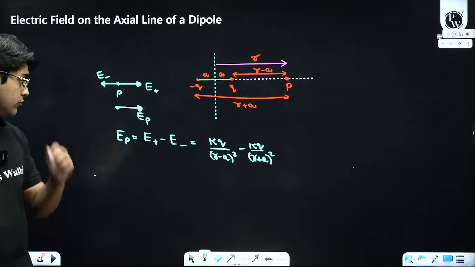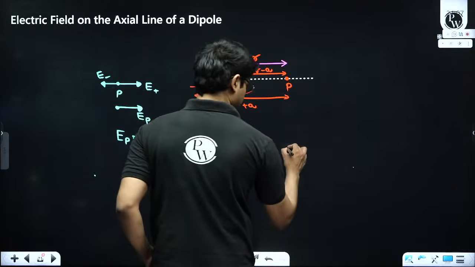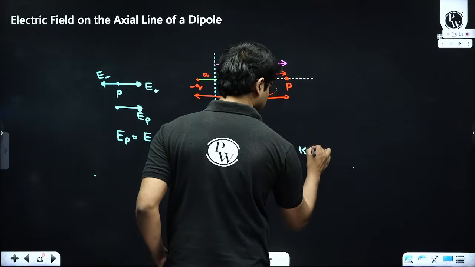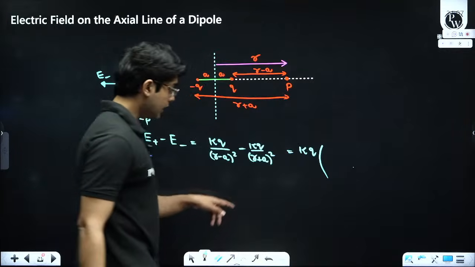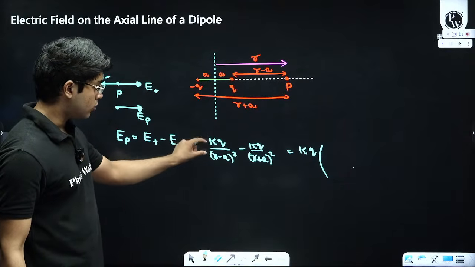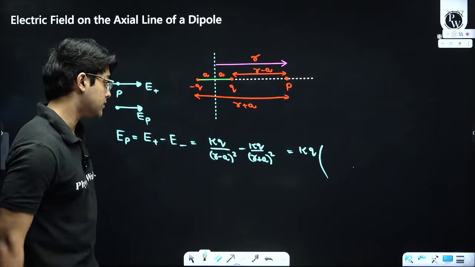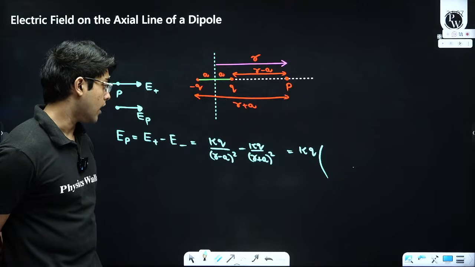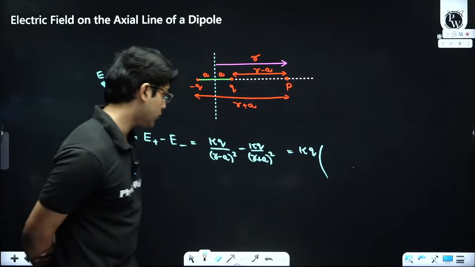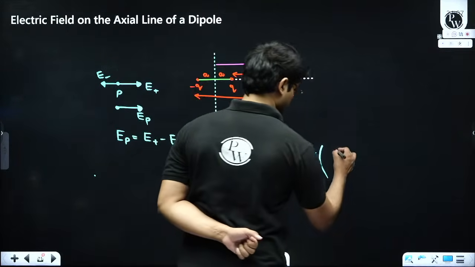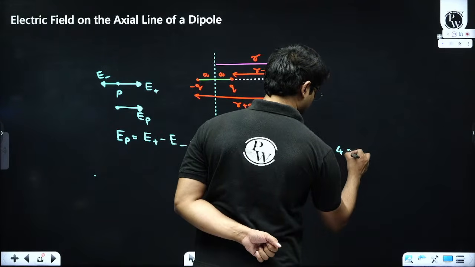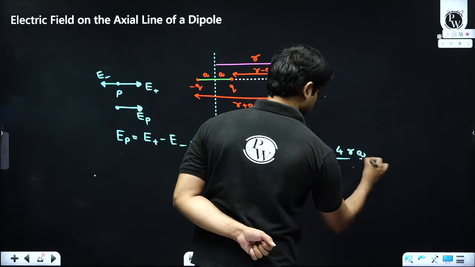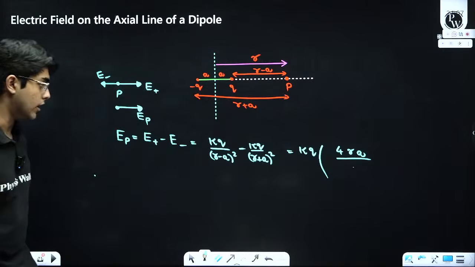Okay, so now I guess you can take some things common. If you take KQ common and then take LCM also, (R plus A) the whole square minus (R minus A) the whole square, right? So that R square and A square cancel out and you will get 4RA in the numerator. Try it out, but you will get 4RA.